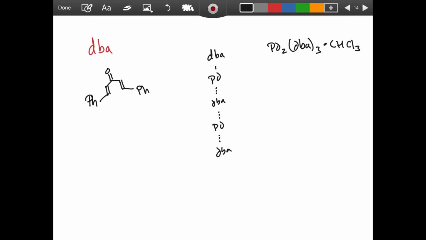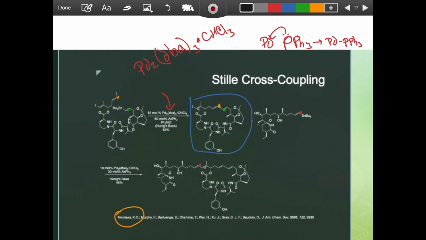It's just kind of hanging out, trapped inside the structure, not in any one specific place. So here, the palladium's just associating with these double bonds, so it's not as clear or easy to see as a structure.